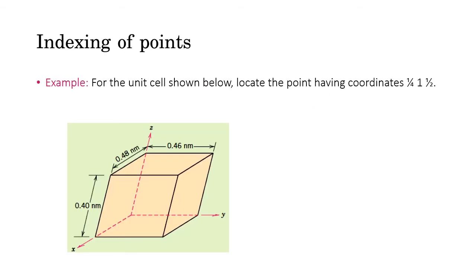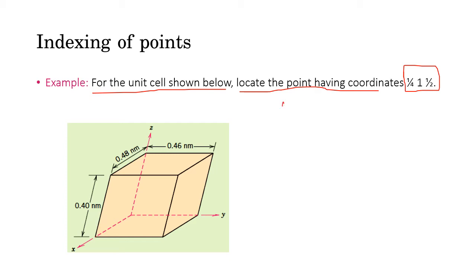Let us solve an example of indexing of points in this video. For the unit cell shown below, locate the point having coordinates 1/4, 1, and 1/2. So those are the values of the fraction.